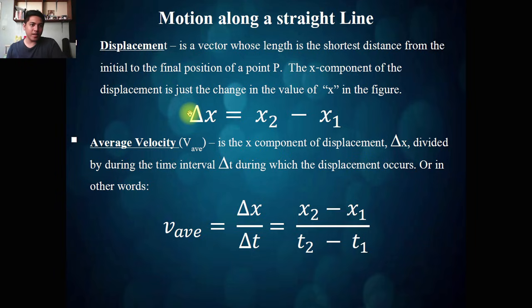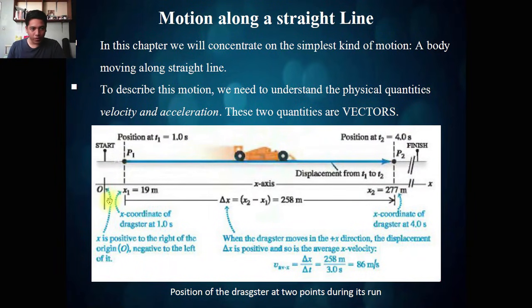But the displacement is different. You have a reference point for a displacement, just like what we did in our example. From the start, here is our reference point, and the displacement is measured from point 1 to point 2, and we have computed this.